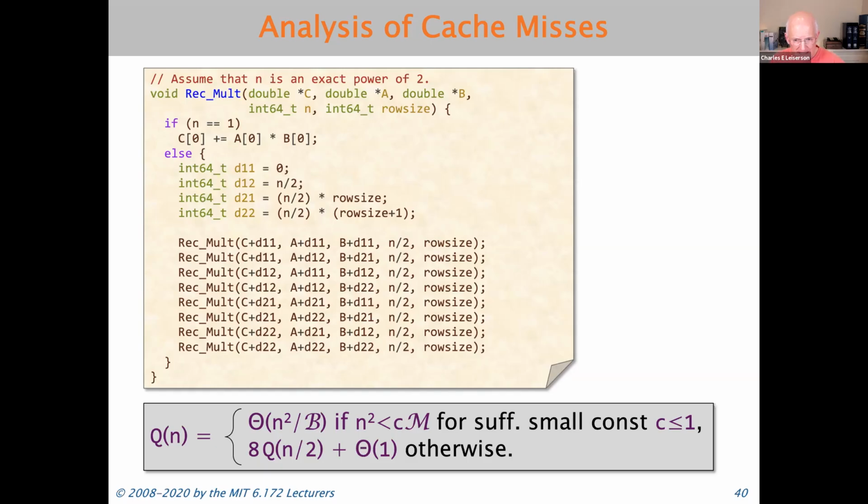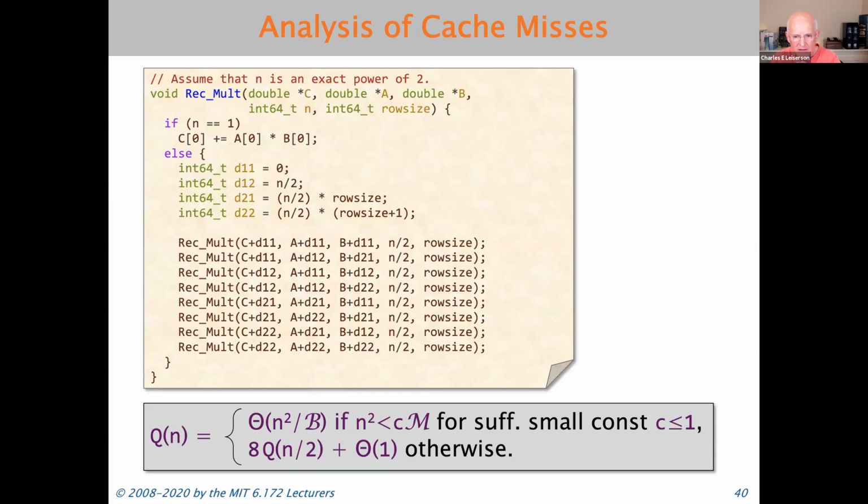The reason is that once we reach a value n such that n squared comfortably fits in the cache, we only need n squared over b cache misses, because multiplying matrices of that size, even though we're going down more levels, we're not accessing any other elements than what are in there.